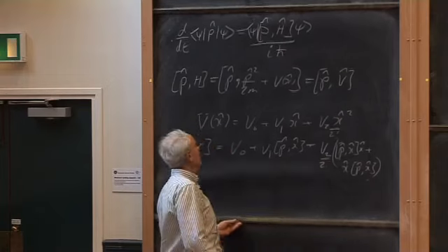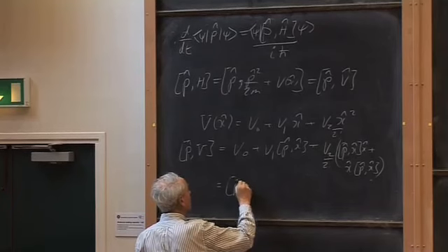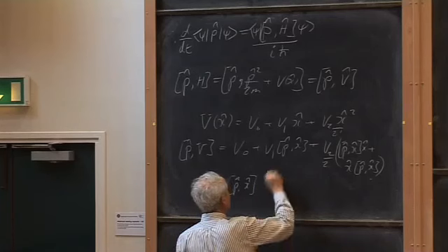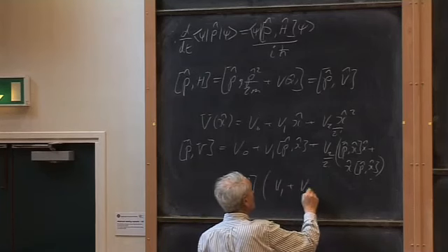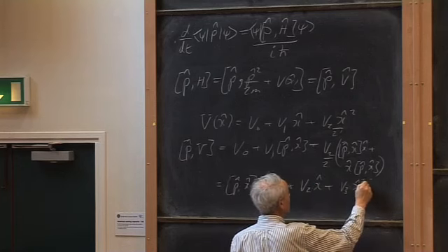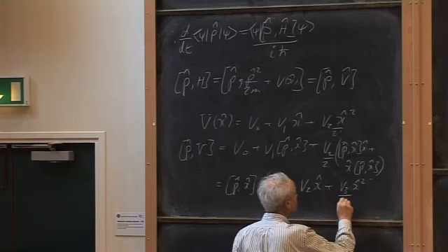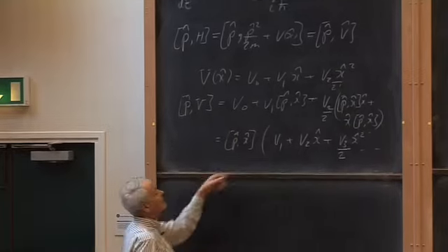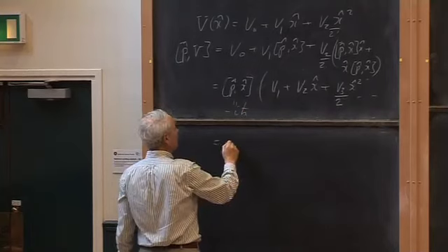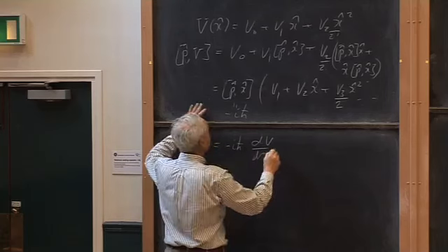And at the end of the day, we are looking at p comma x, a common factor in all these things, times the brackets V1 plus V2 x plus V3 x squared over 2, et cetera, which is the Taylor series for dV by dx. And p comma x is minus i h bar, so we have minus i h bar dV by dx.